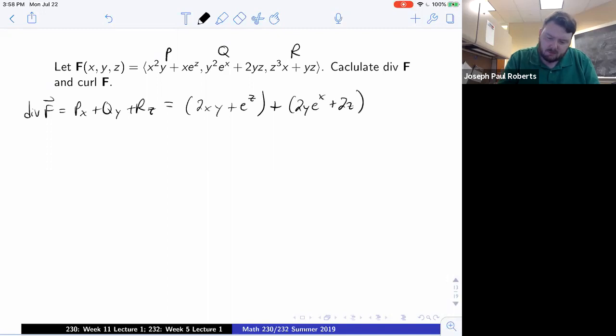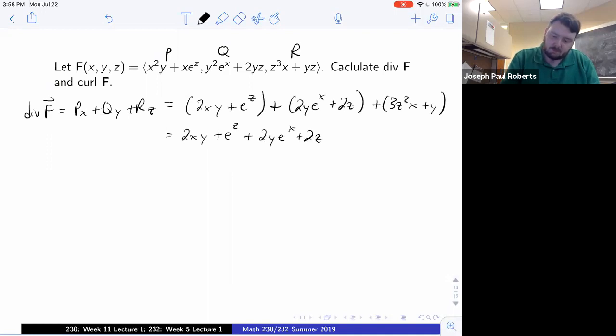And then the Z partial of R is 3Z squared X plus Y. And so, of course, those parentheses I just put there so you could keep track of which terms were coming from which component derivatives. But of course, remember, we're supposed to get a scalar function, no vector, no nothing. Divergence is a scalar. So there we go.